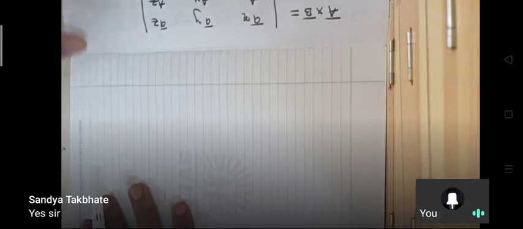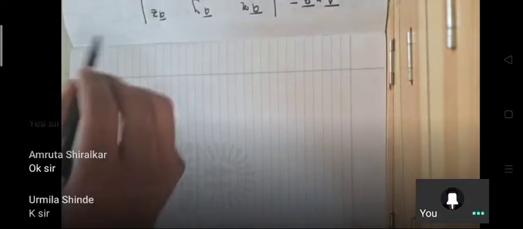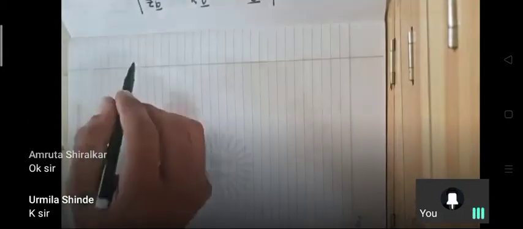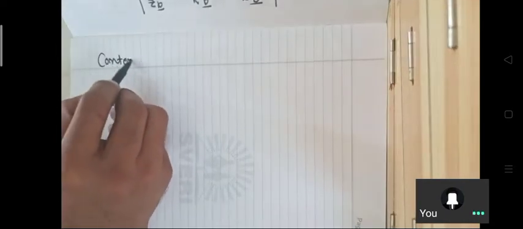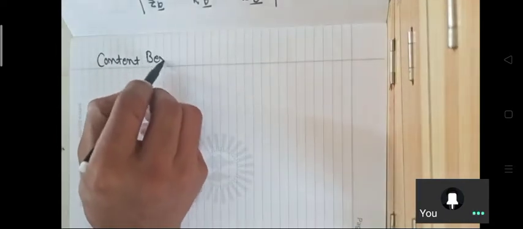Now next is, as I said, I will consider this as the content, because this is not part of our syllabus. No one is going to ask you those formulae. So I should write here: content beyond syllabus. This is content beyond syllabus.